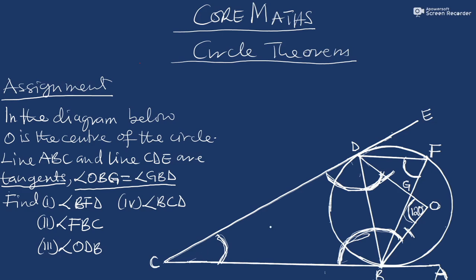So you can write that this angle plus this angle equals 180 degrees, and then you simplify to get the value here. I hope you get it. So let's look at the presentation.